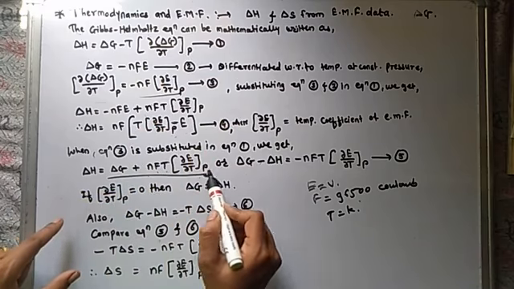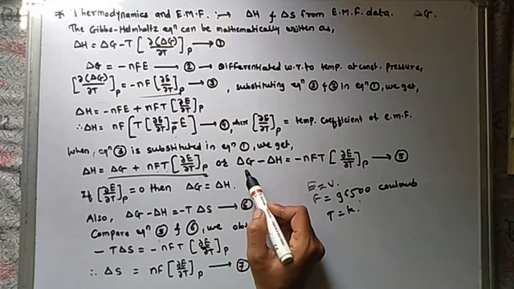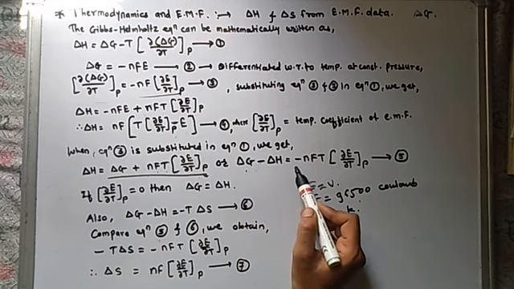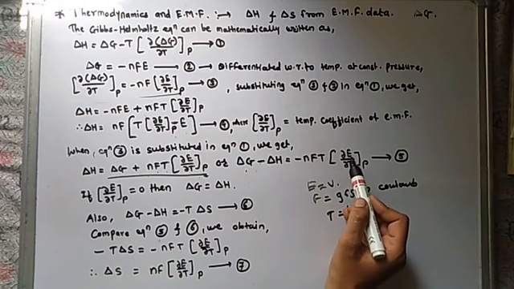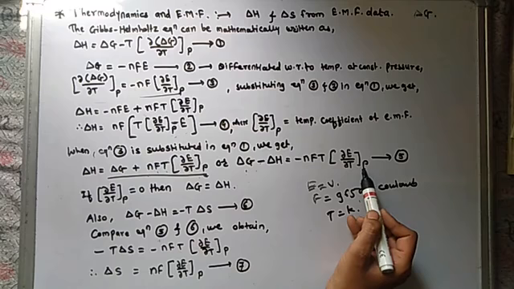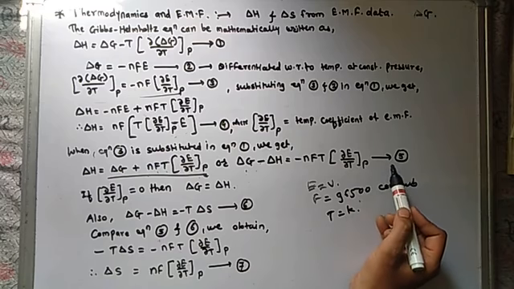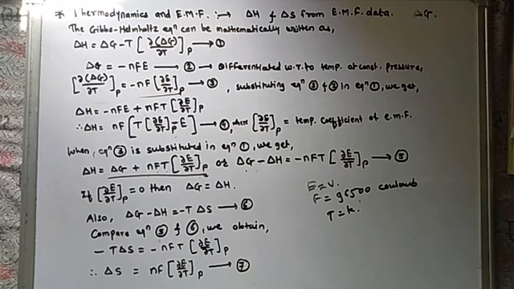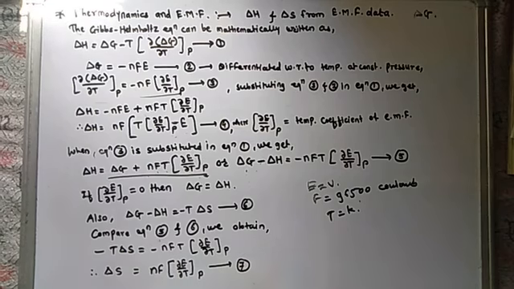This equation can also be written as delta G minus delta H is equal to minus nFT ∂E/∂T at constant P. This is equation number 5. By using this equation we can also find the value of delta G.